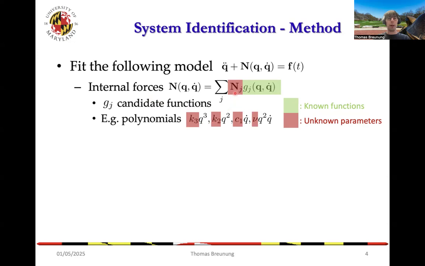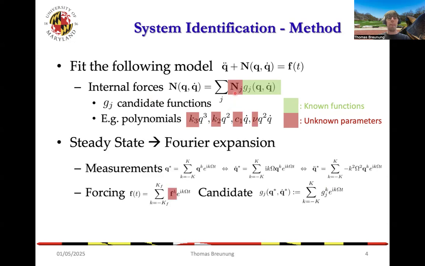Furthermore, we are going to work in the Fourier domain. The Fourier domain has a couple of advantages. One of them is that in an experiment, I often only measure acceleration, velocity, or the position. However, to fit this model, I'll need all three signals, and in the Fourier domain, I can convert between them very easily.